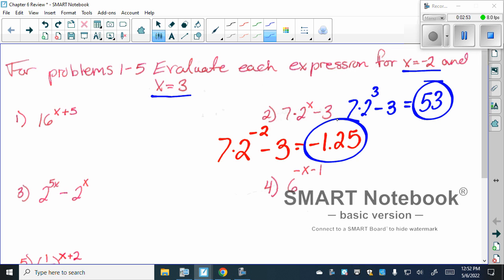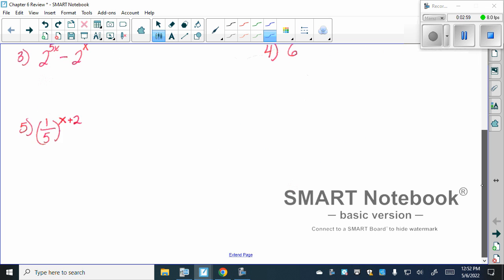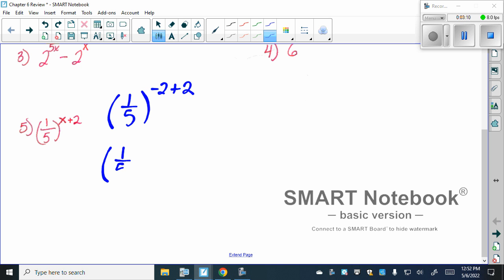Was there another one we wanted to look at? Number 5: 1/5 to the x plus 2. When we type this in, we'll have 1/5 to the -2 plus 2, and we'll also have 1/5 to the 3 plus 2. We'll be typing both of these into the calculator. The first one is going to be 1.